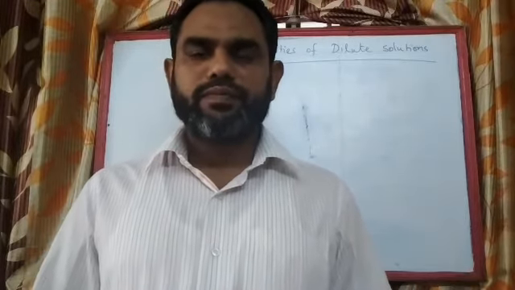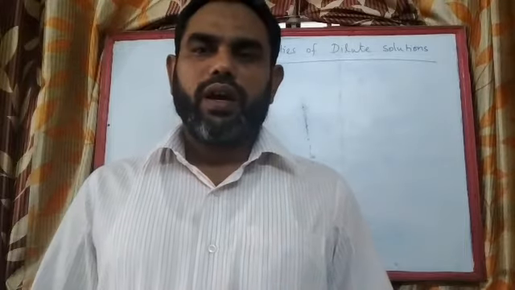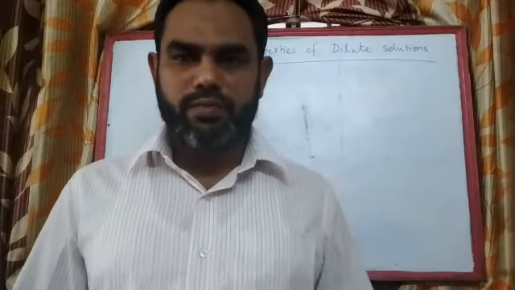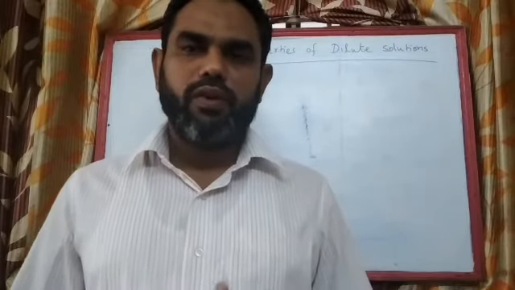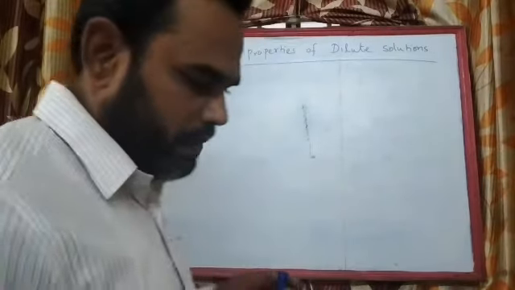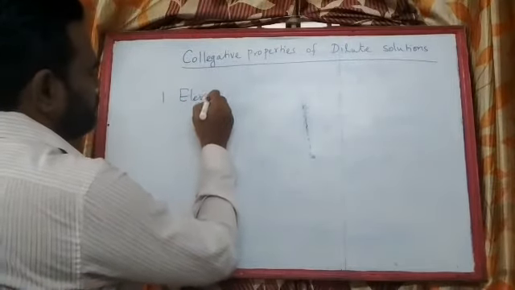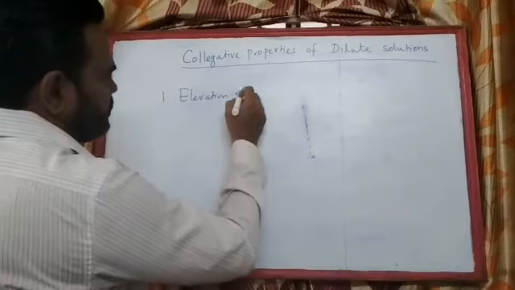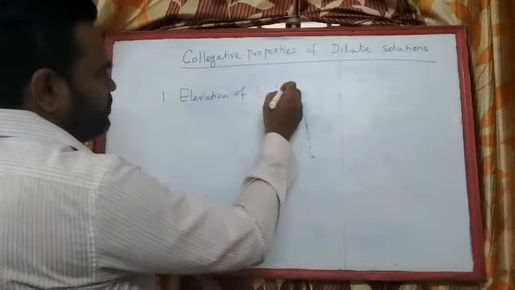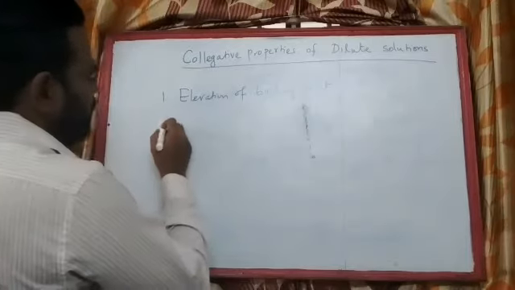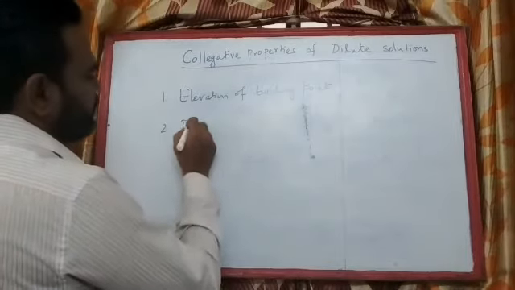There are 4 types of colligative properties. One is called elevation of boiling point. Number 2, depression of freezing point.